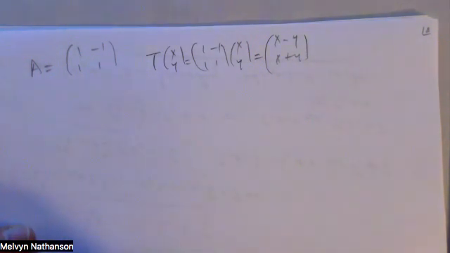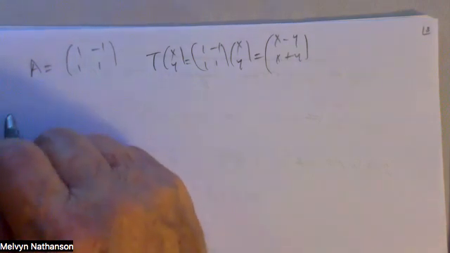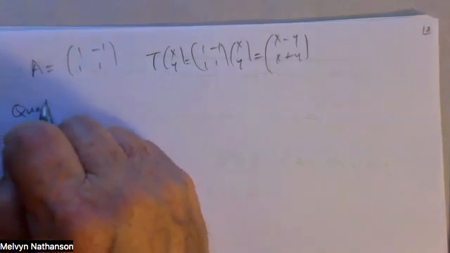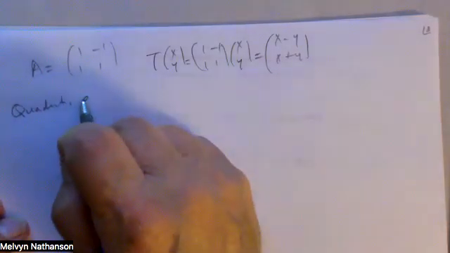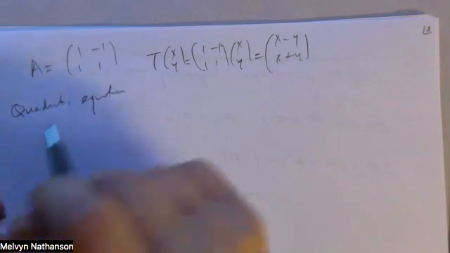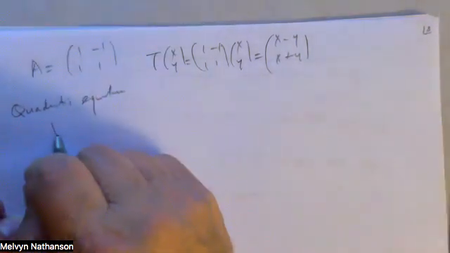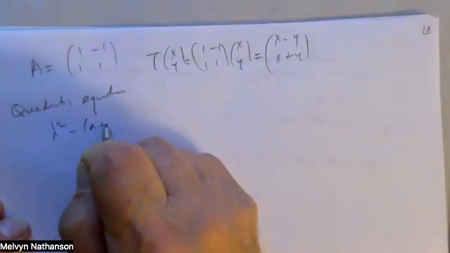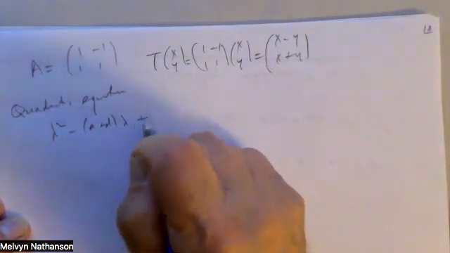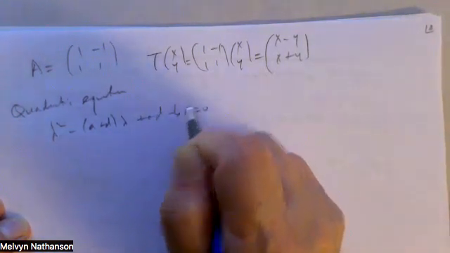And we want to know, does this linear transformation have an eigenvalue? So we can do this in two ways. First of all, we can look at the quadratic equation, which, remember, was lambda squared minus (a plus d) lambda plus ad minus bc equals 0.